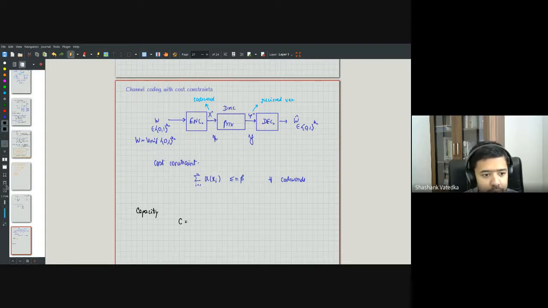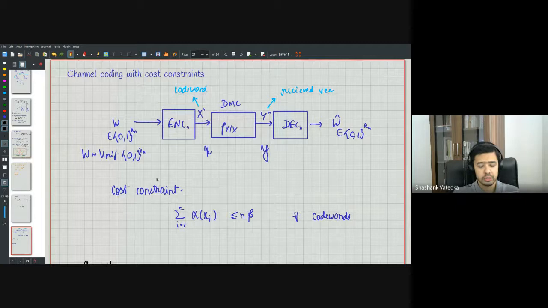Okay, so recall what the channel coding problem is. We have a message W, which consists of kn bits, and we want to encode this to a code word xn. So the encoder is a map which takes a message of length kn into a code word of length n, where each xi comes from the input alphabet script X. This is transmitted across a DMC, and the DMC outputs some random yn conditionally dependent on xn.